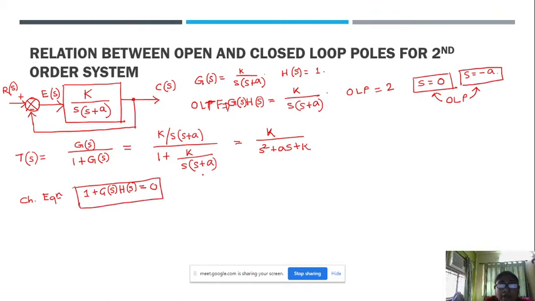If we equate this characteristic equation to zero, we will get the roots, or closed loop poles. So we equate S square plus AS plus K equal to 0. To get the poles, we have to equate this equation to 0, so two poles we will get.